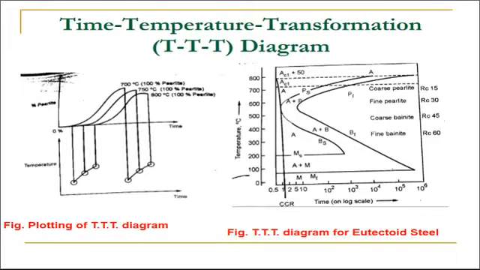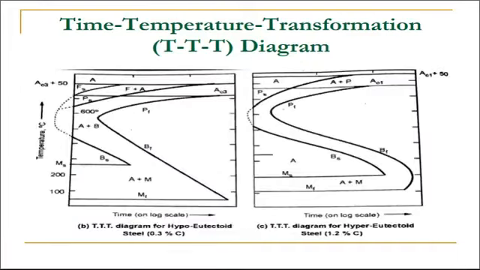The TTT diagram is the main source of information for the decomposition of austenite under non-equilibrium cooling conditions. In the next slide, I have shown the TTT diagram for hypoeutectoid steel of 0.3% carbon and the TTT diagram for hypereutectoid steel of 1.2% carbon.